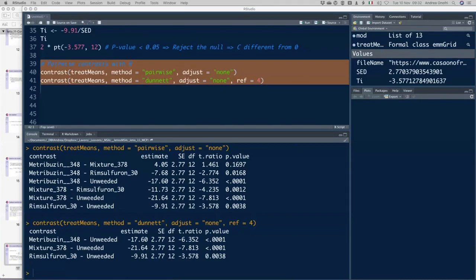In the second case, we are comparing all means against the fourth one, that is the unweeded. So we have only 3 contrasts. And of course, we see that the final one is the same in both cases, because we have minus 9.91 and we have 0.0038 as a p-value.